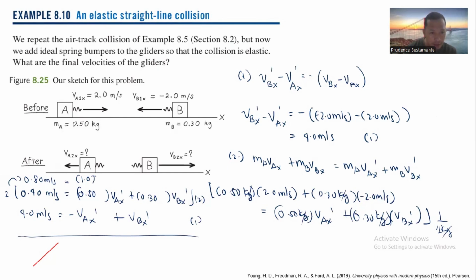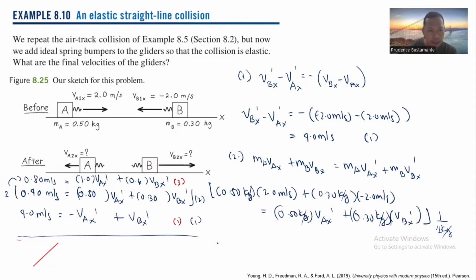Equation 2 becomes 8.0 meters per second equals negative 1.0 VAX prime plus 0.60 VBX prime. Okay. So we're going to add this equation, equation 3, and equation 1.